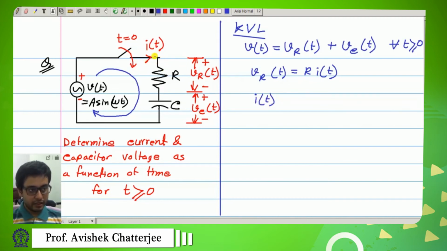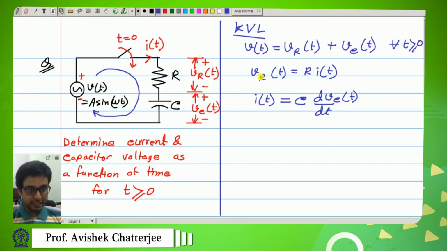i(t), in this direction from top to bottom, is equal to capacitance C multiplied by the rate of change of this voltage vC(t), with the upper side taken as positive.